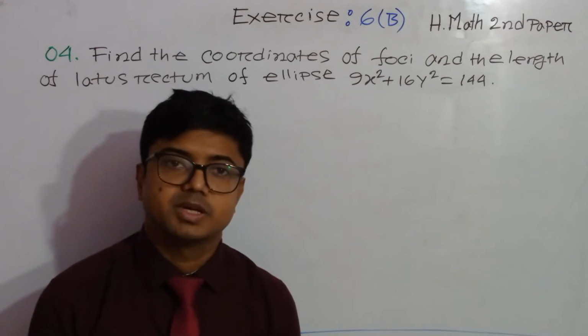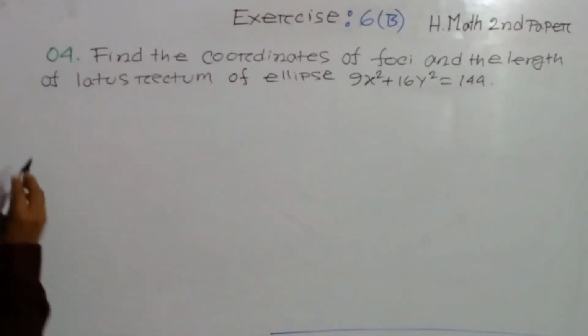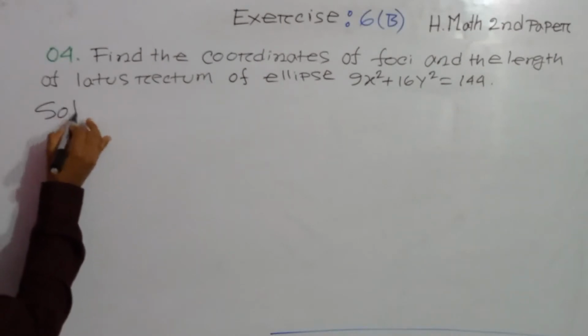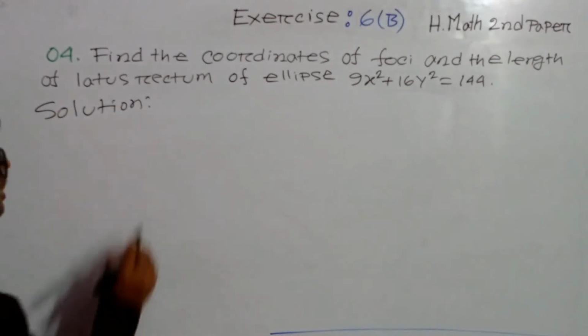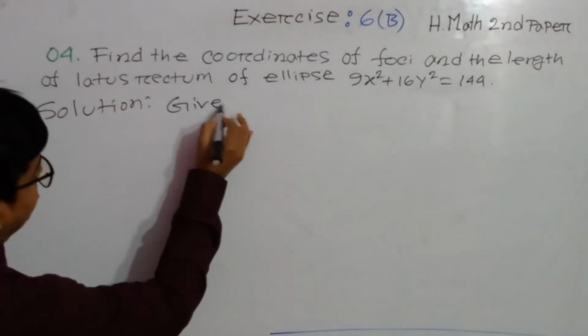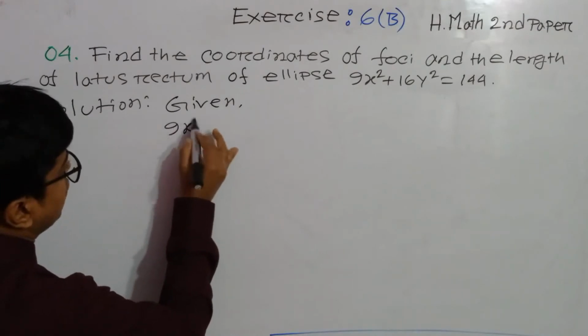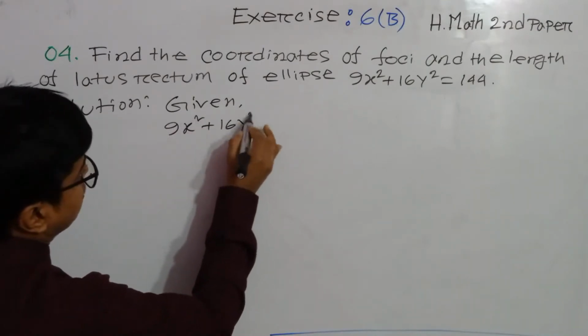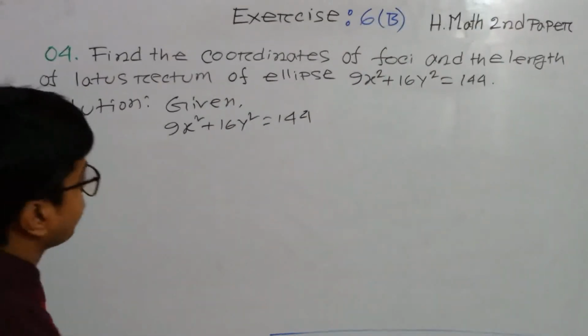Our first mathematical problem is question number 4. Solution. Given 9x square plus 16y square equals 144.